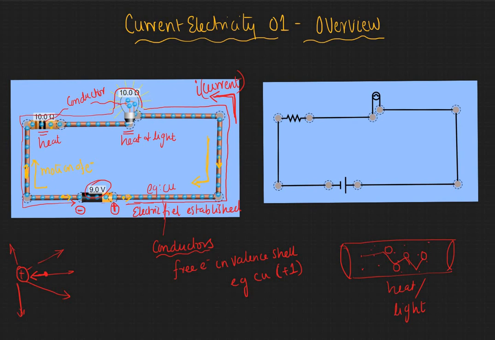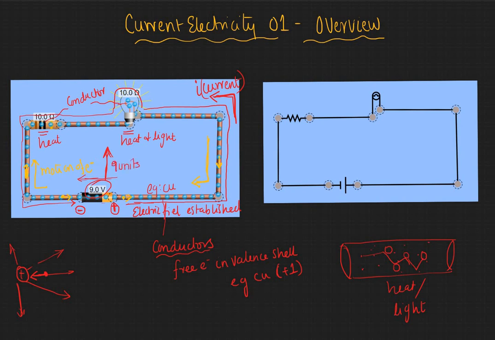That's what 9 volts means. As this unit of charge moves across the battery, it gains 9 joules. So all these electrons gain a certain amount of energy, let's say 9 units of energy.